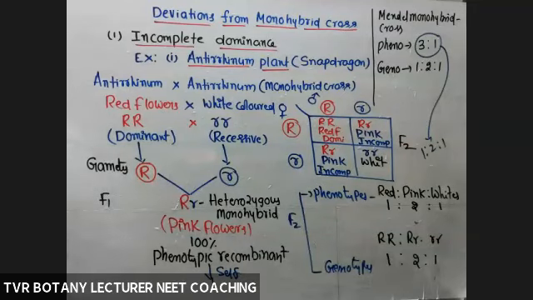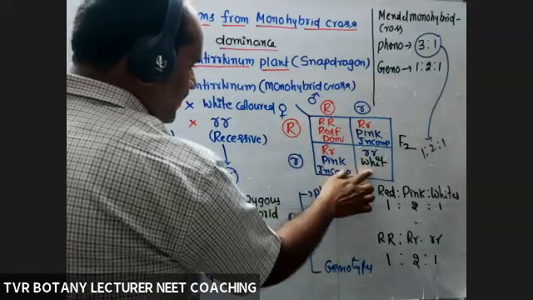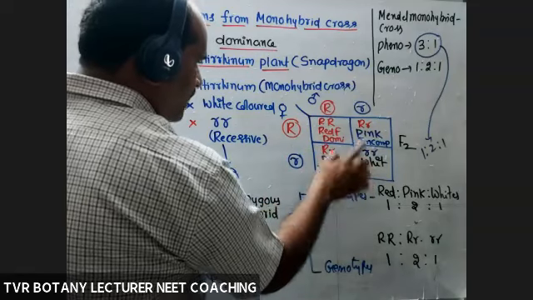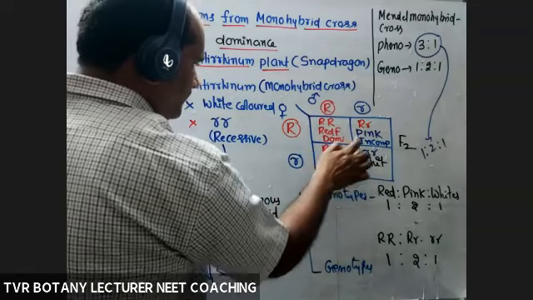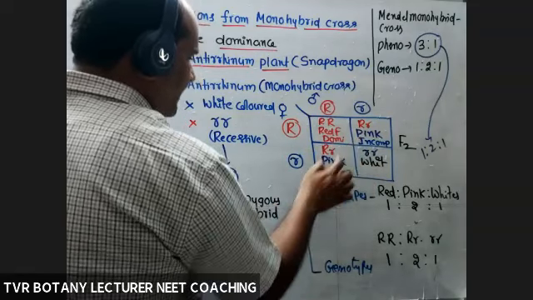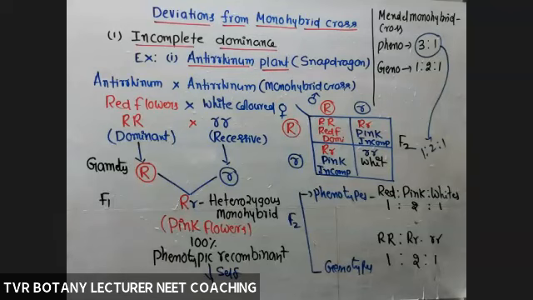This one dominant according to Mendel. 25% rest according to Mendel. But what about this 25, 25, 50% against Mendel's monohybrid cross or not? Okay, right? Is it clear? So that is about incomplete dominance in the case of Antirrhinum plant.